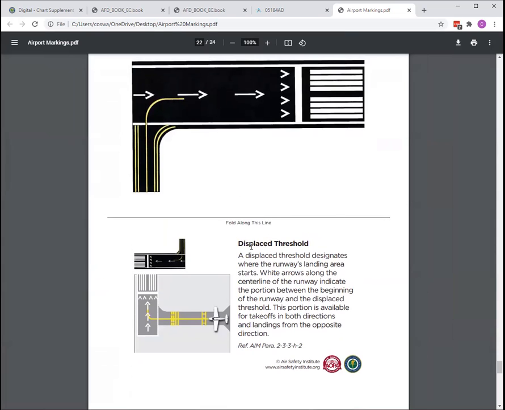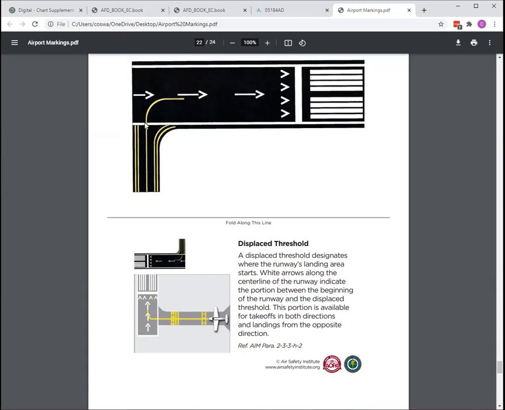Now this, unlike the chevrons, indicates use for taxi and landing. And by landing, I do not mean that you can land on this, but I do mean that you can roll out onto it.